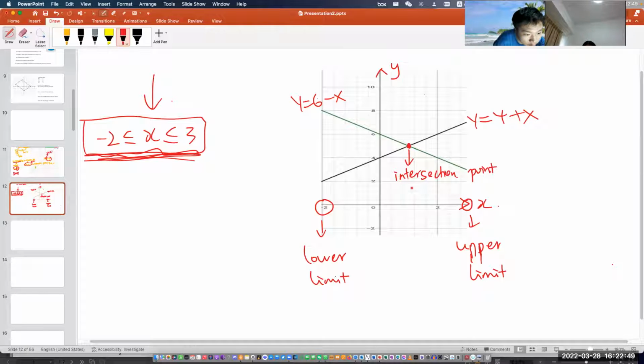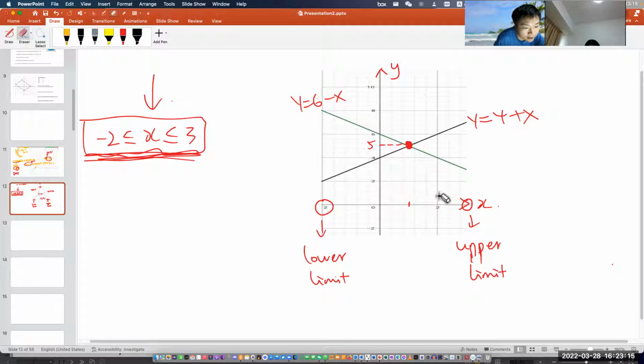And what is this point? This point is 1 comma 5. So it's (1, 5). That's how you complete the question. Mark it and then label it. This is the way you label a point: (1, 5).